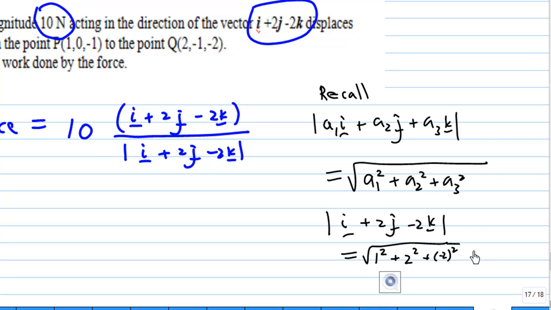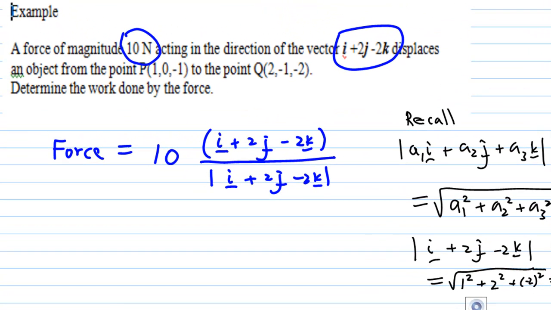This is 1 plus 4 plus 4, which is 9. The square root of 9 is 3, so the length of the vector is 3. So now we know how to find the force. The force F is equal to 10 times (i plus 2j minus 2k) divided by 3.